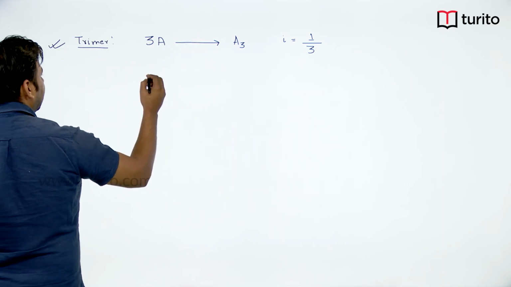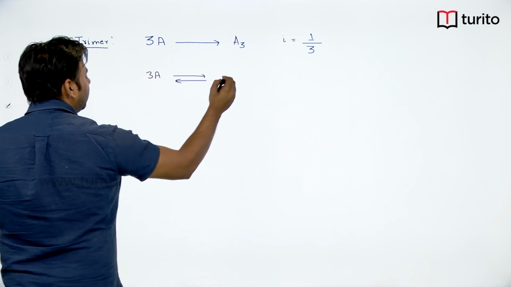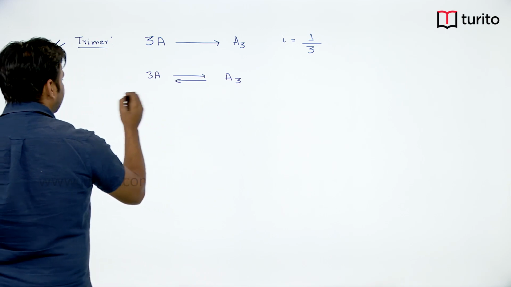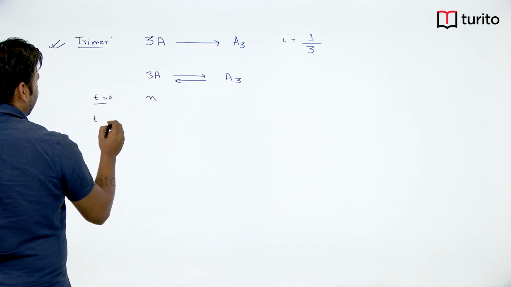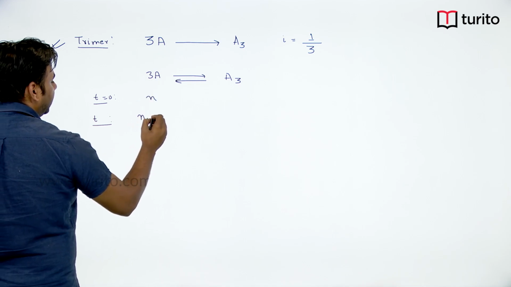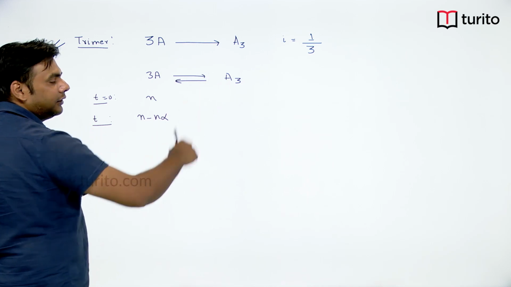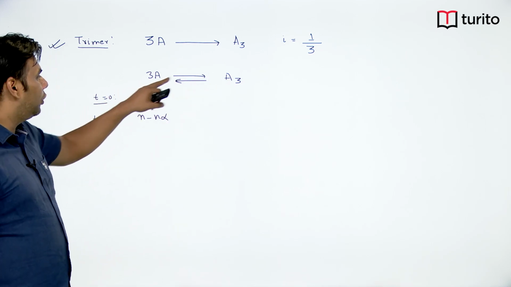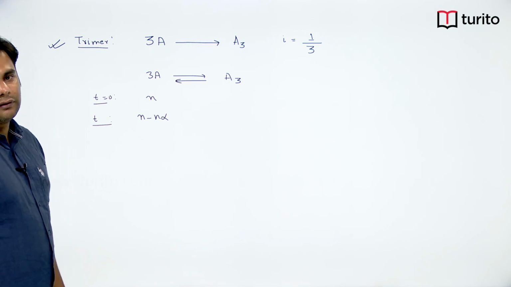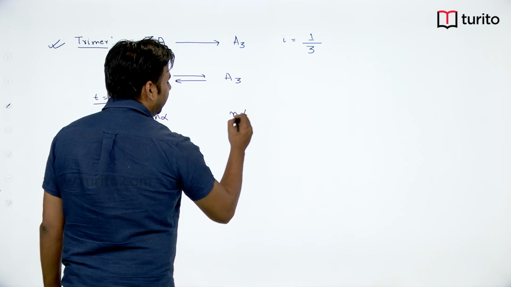Now if it forms an equilibrium reaction, then let us assume that the initial number of particles was n. After some time t, alpha amount associated, so this would be n minus n alpha. 3 moles of A give 1 mole of A3, so 1 mole of A would give 1 by 3 moles of A3. So n alpha which reacted would give n alpha by 3.